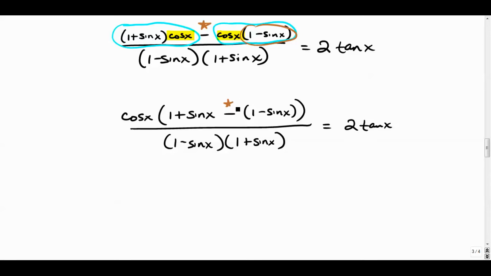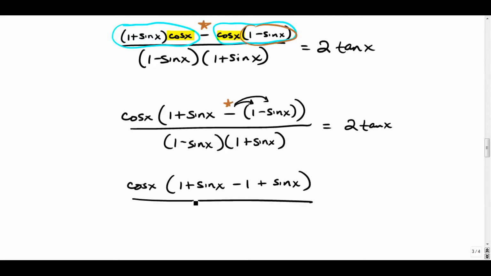Now let's take care of that parenthesis that's going to distribute into both terms after it. So 1 plus sine x minus 1 plus sine x. My denominator doesn't change. I'm just going to keep that like that for a second. I don't want to do too many steps at once.